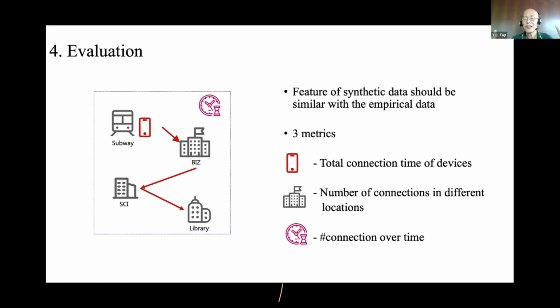Now, that is certainly one way to figure out, say, what is the connection time distribution of the students aggregated over the entire campus.